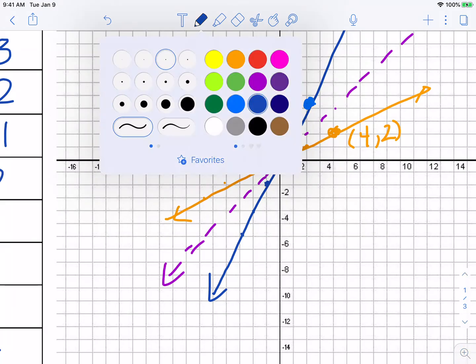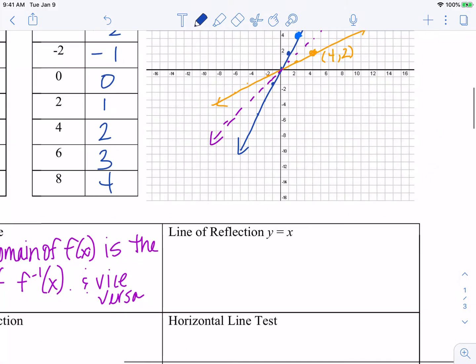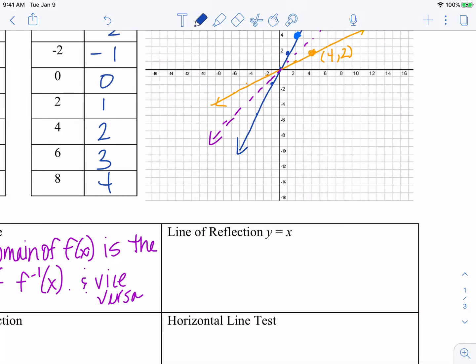So if we put that together, we know that for every point on the function, its inverse will be the reflection on the line y equals x. So the line y equals x is the line of reflection for f of x and its inverse.